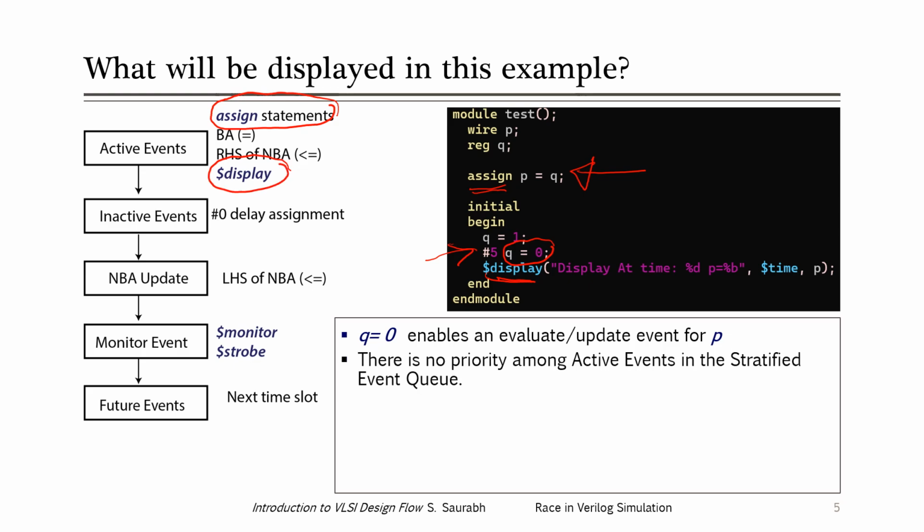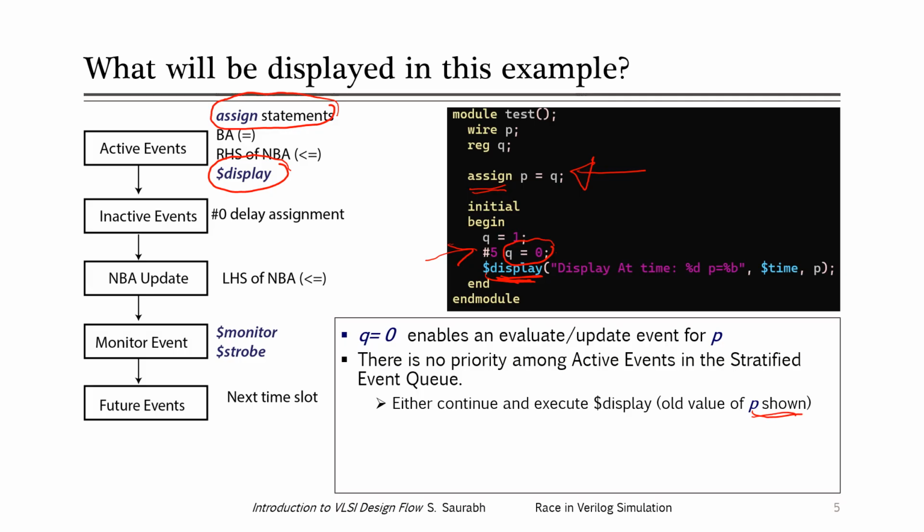So there is no priority among active events in the stratified event queue, and therefore either the tool can continue and execute display. So after executing q is equal to 0, it can display this line and show the value of p. In that case, p will show the old value, that is 1.